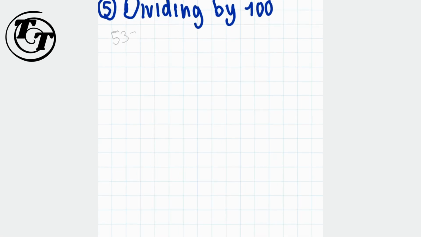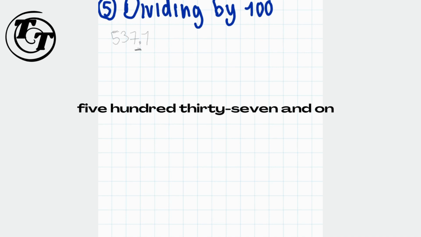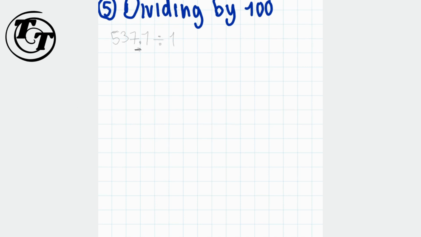This number, when dividing by 100. So we've got 537 and 1 tenth, and we are dividing by 100. So we already know that we move to the left. So we take the decimal point to the left, but how many times?